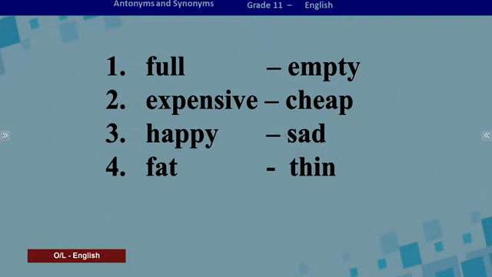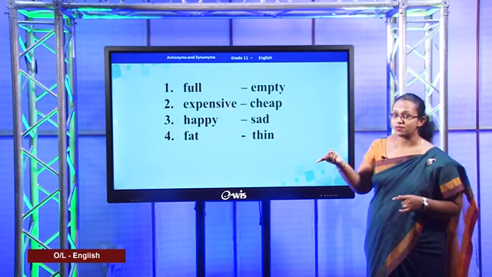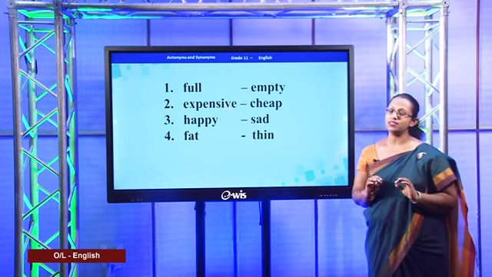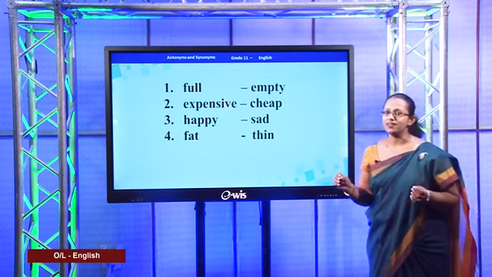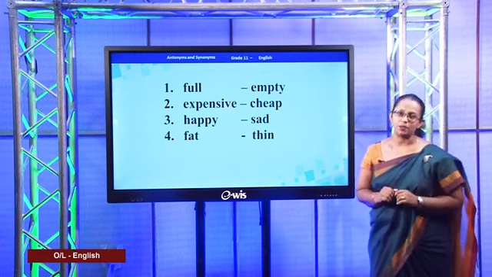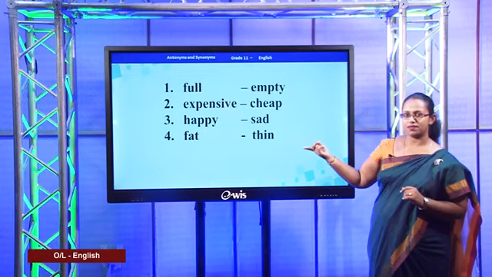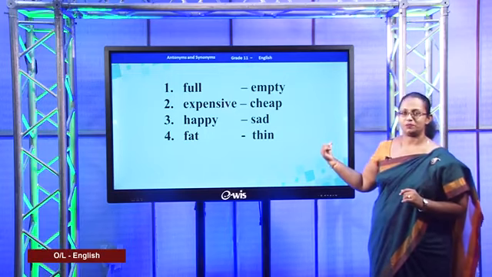First one was full of water, and the other one, there was nothing in it. And the expensive and cheap bags. The black bag costs 1,000 rupees. So, we can call it expensive, and the other was only 600, so we can call it cheap. Opposite of expensive is cheap.